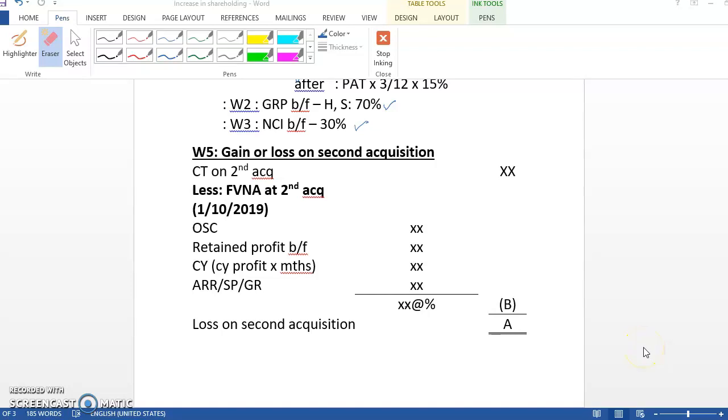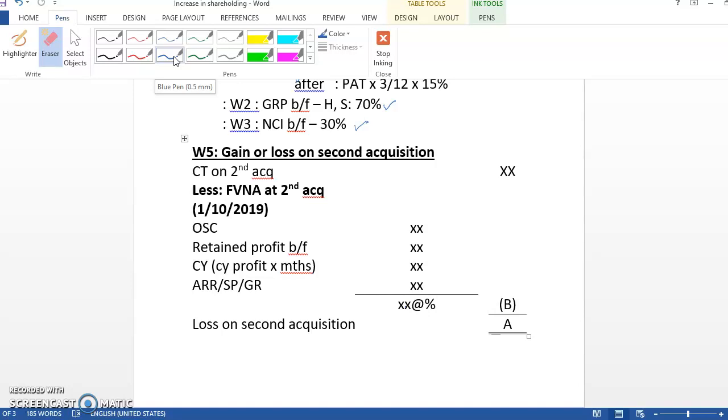Okay, now when we have a piecemeal acquisition, we need to add another working that is called gain or loss on second acquisition. Bear in mind, you will calculate this gain or loss on second acquisition if the situation is from sub to sub.